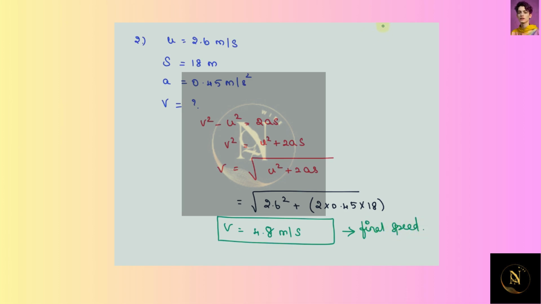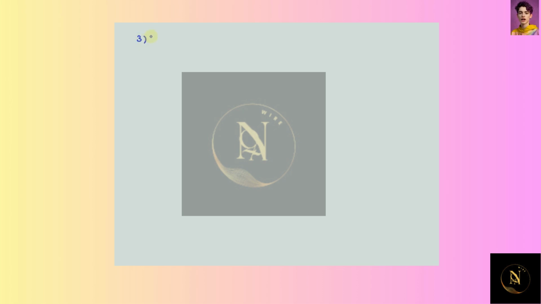And for third question, it's given that a batter hits a pop-up that remains in air for 7 seconds before it hits the ground. Here for the A part, we have to calculate the highest point reached. Need to assume that initial velocity of the pop-up is 0, that is u is equal to 0, and the only force acting is acceleration due to gravity, and this motion can be considered as free fall.